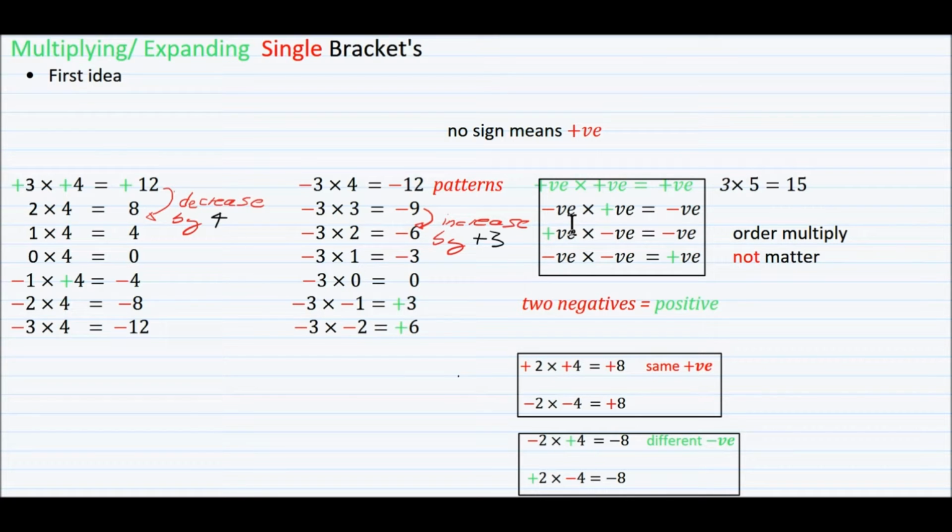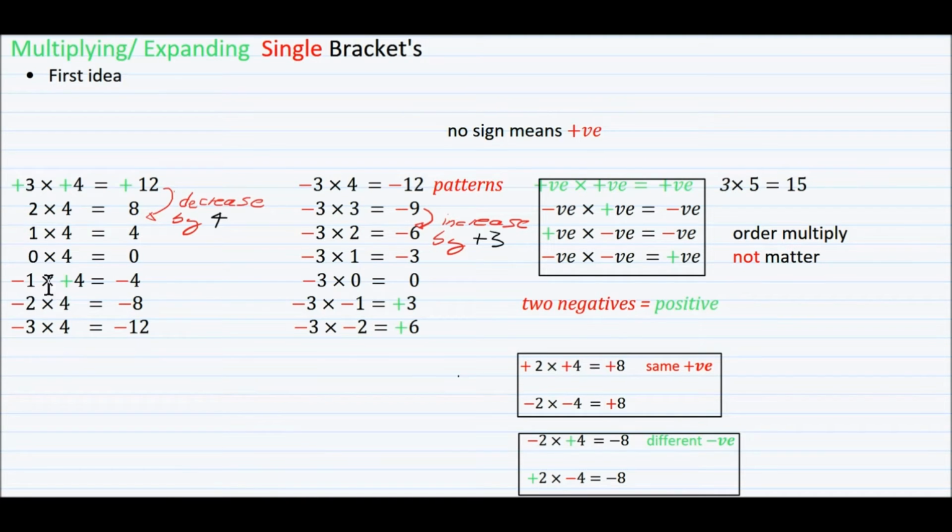Now because the order you multiply doesn't matter, we could just switch these around. If we have a positive times a negative, we'll also get a negative. For example, minus 1 times plus 4 is minus 4.